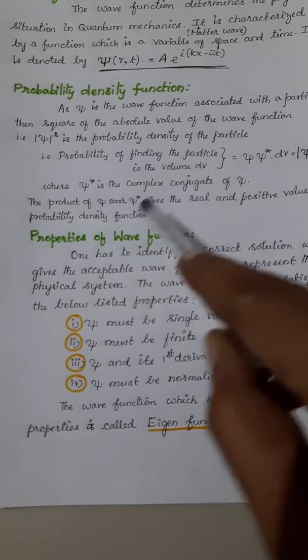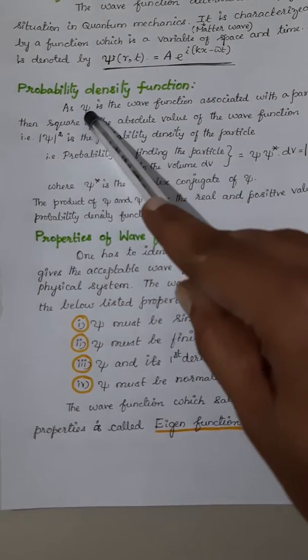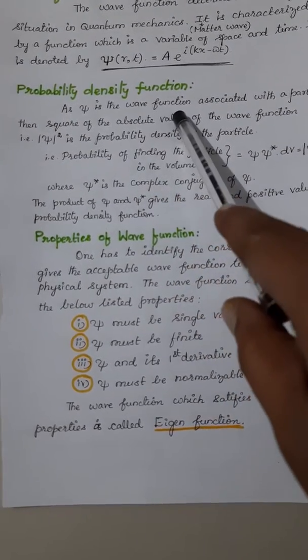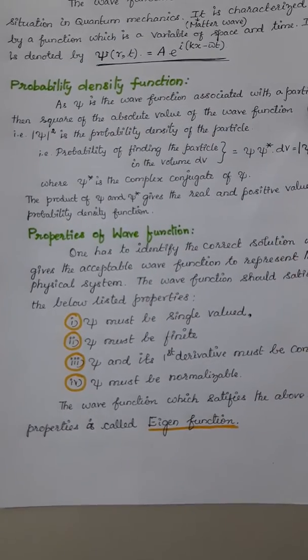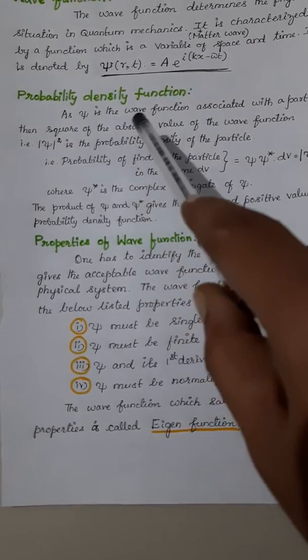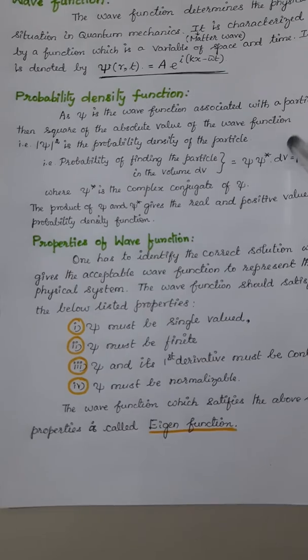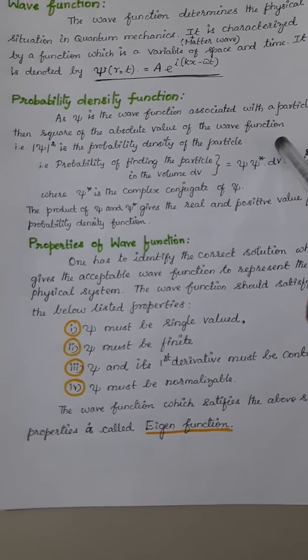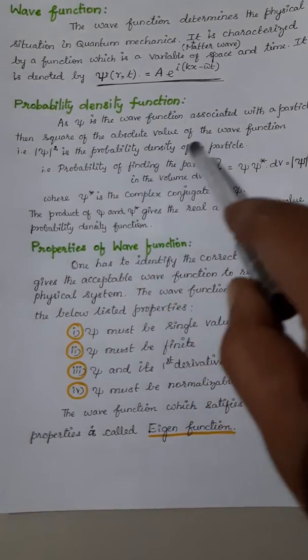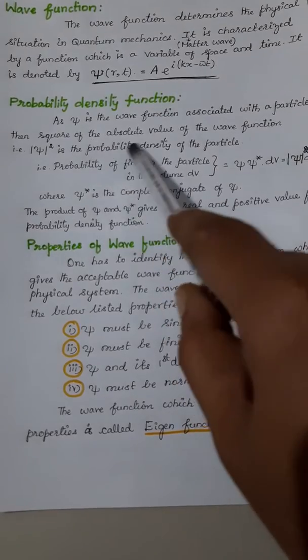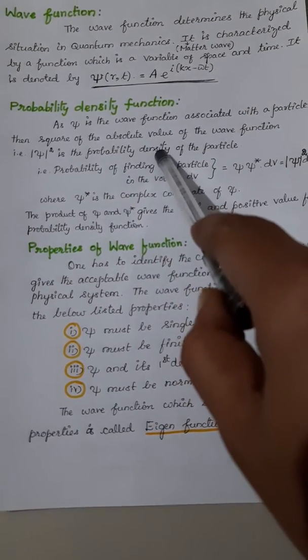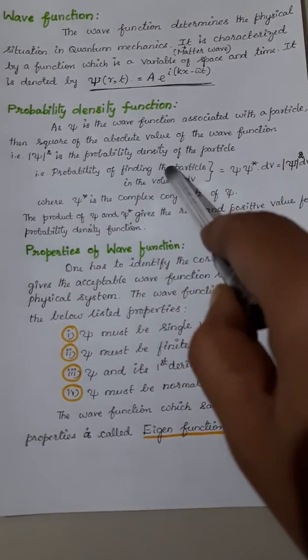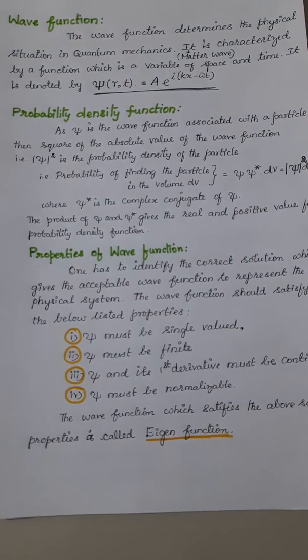Here, as we are taking psi as the wave function associated with the particle, the square of the absolute value of that wave function gives you the probability density of the particle. This probability density is nothing but the probability of finding the particle in a particular volume.